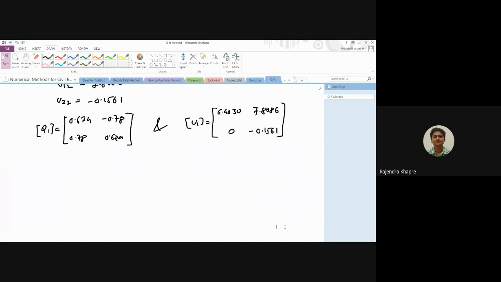So now let us generate the A1 matrix. This A1 matrix will be a new matrix. It will be the product of U1 with Q1.